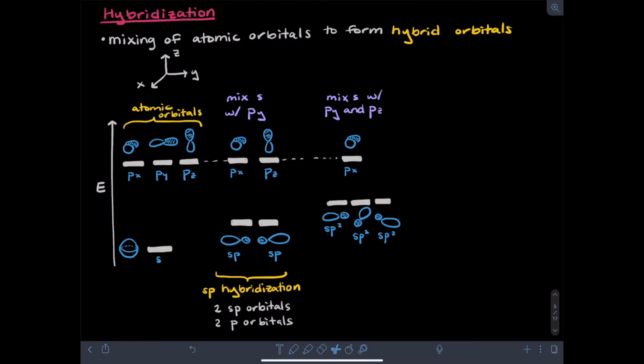Well, because we haven't mixed it with anything, it has the same energy as the atomic orbital because it's unhybridized. So overall, to get sp2 hybridization, you mix together an s and 2 of your p orbitals to get out 3 sp2 hybrid orbitals, and you'll have 1 unhybridized p orbital remaining.